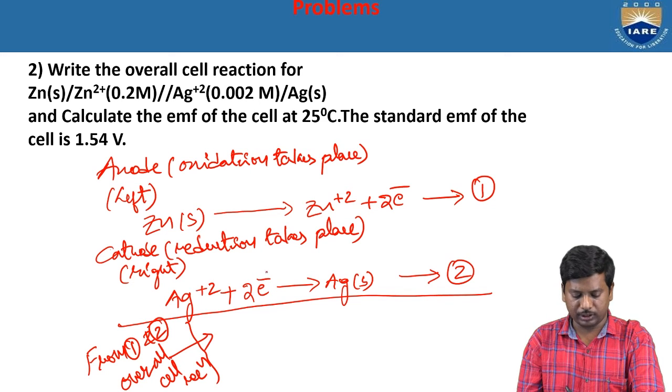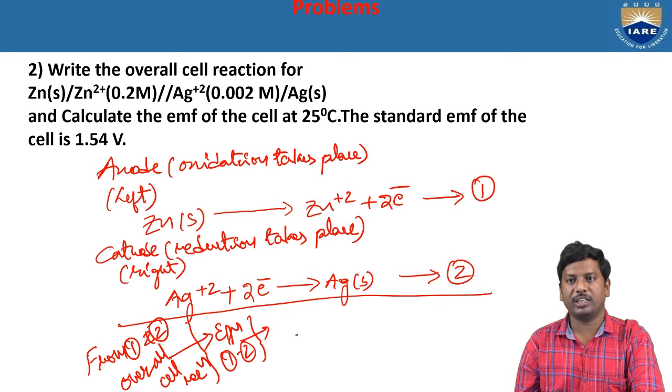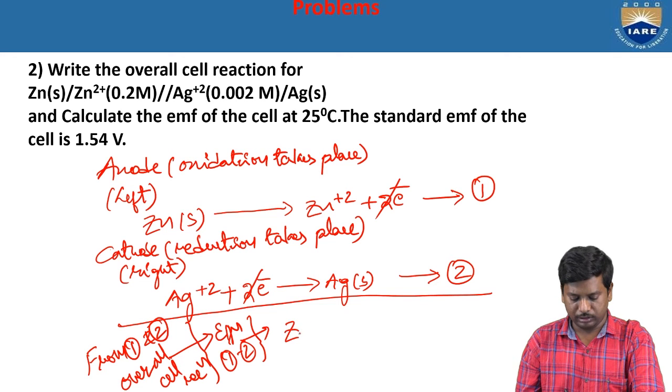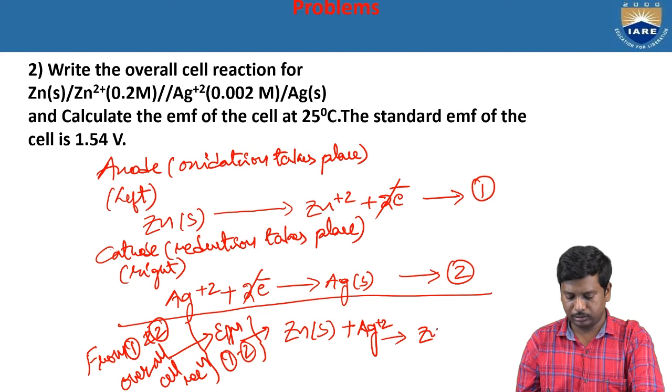Equation 1 minus 2: zinc solid loses 2 electrons, and with silver plus 2, we got zinc plus 2 and silver solid.